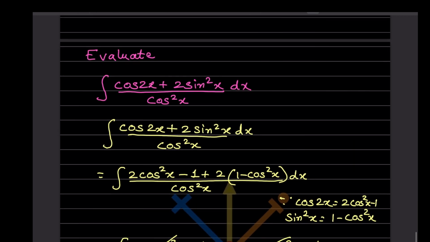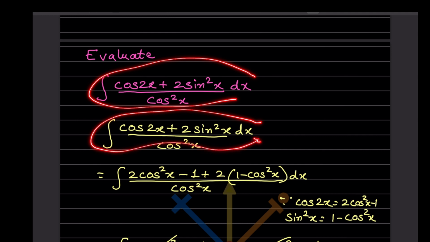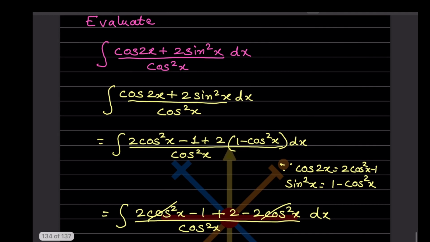Now we are going to evaluate this one. Look at here, this is the question, the same thing is written over here, and we can also write cos 2x, the formula is 2 cos square x minus 1, and for this one we will write plus 2.